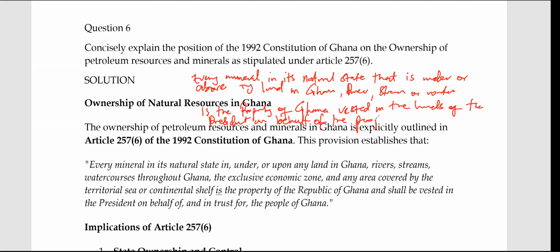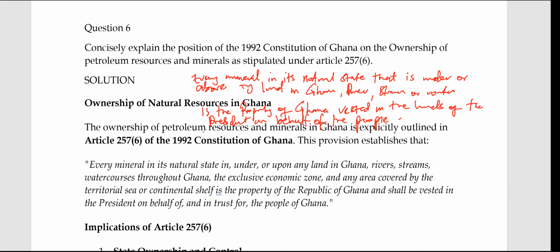So every mineral in its natural state that is under or above any land in Ghana, rivers, streams, or water bodies is the property of Ghana and is vested in the hands of the president in trust and on behalf of the people of Ghana. Simple. Now we have 6 marks.